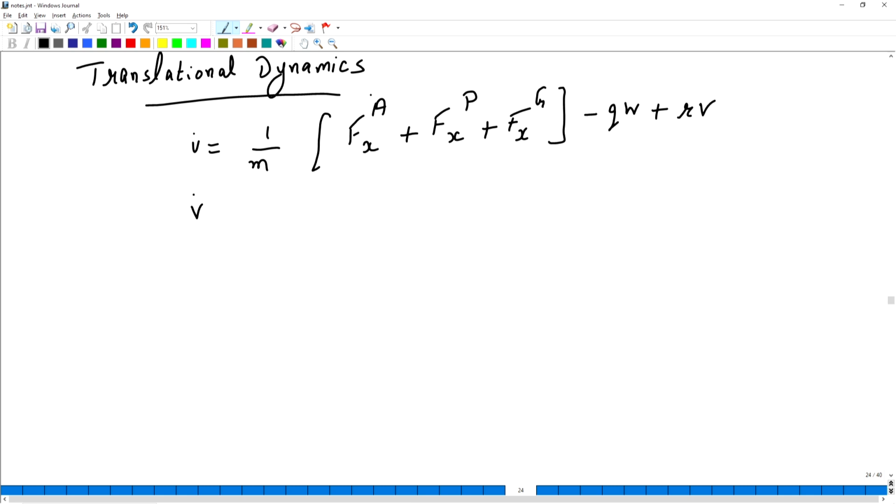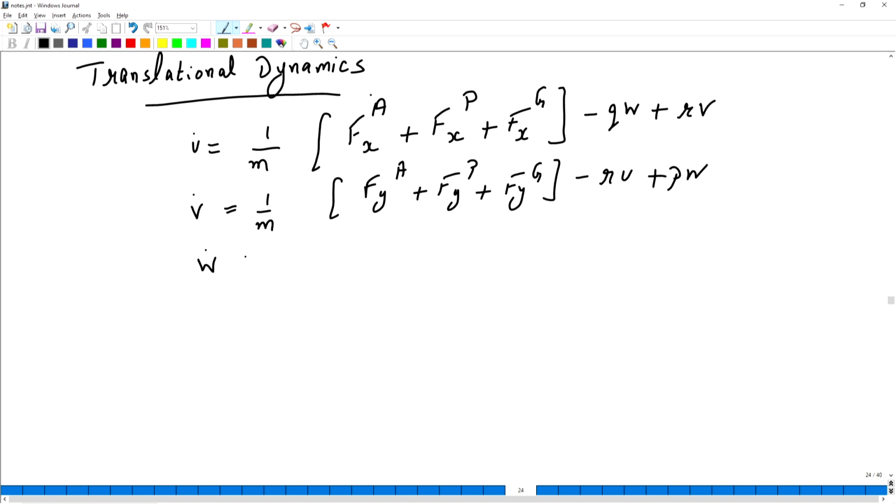Similarly, we have v dot equals to 1 upon m times Fy aerodynamic forces plus Fy propulsive forces plus Fy gravitational forces, minus r into u plus p into w.